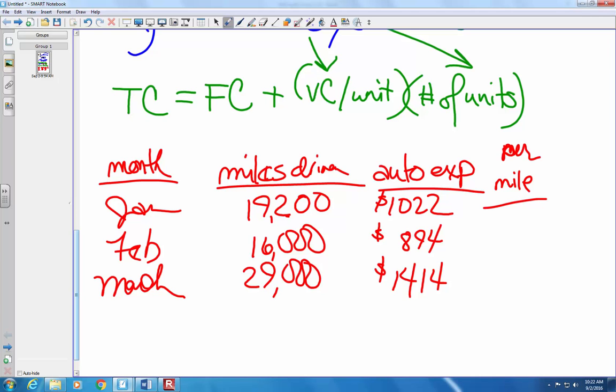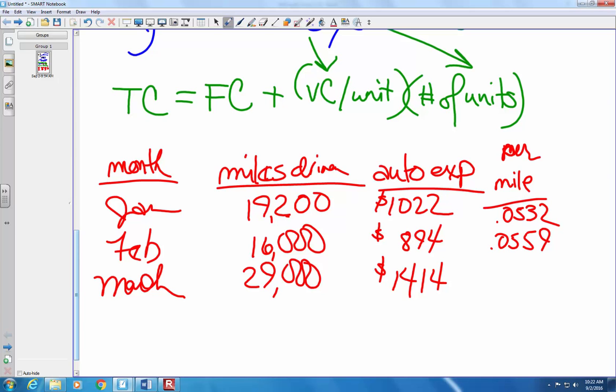In this case, $1,022 divided by 19,200 miles, my cost per mile is about 0.0532, right? If I go to February and take $894 divided by 16,000 miles, that's how much it is per mile.